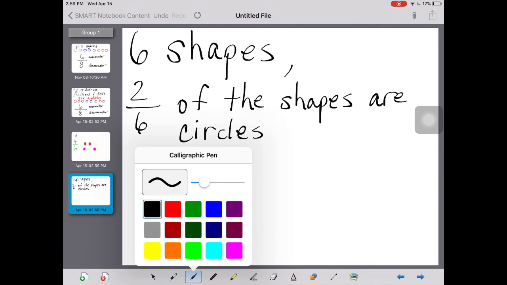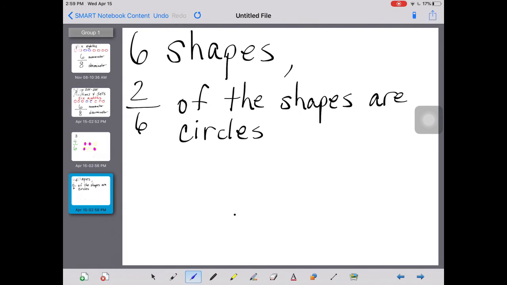All right, so now let's do this. We want to now draw shapes. And it says we need to draw 6 shapes. 2/6 of the shapes are circles. All right, so first thing I'm thinking of is I've got to look at my fraction.